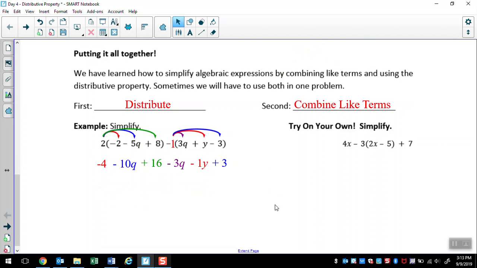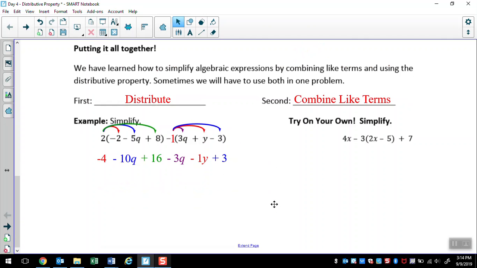Okay, now let's go to our next step, and we're going to combine our like terms. I'm going to continue using the strategy that I used last class, where I split this up into the different columns so I can group my numbers by the type of term, and then I combine. So I have a constant, I have a term with a Q, and I have a term with a Y. So I have 3 different types of terms.